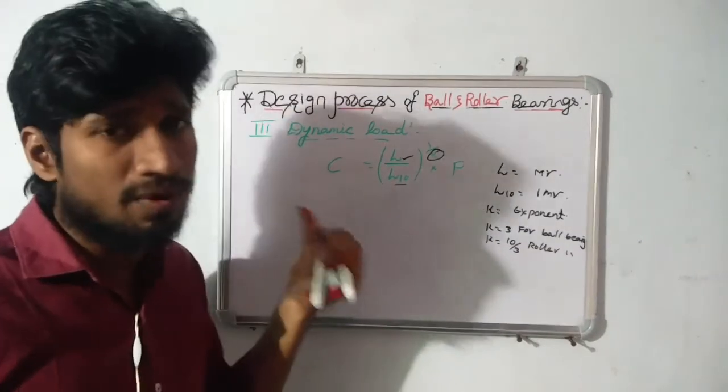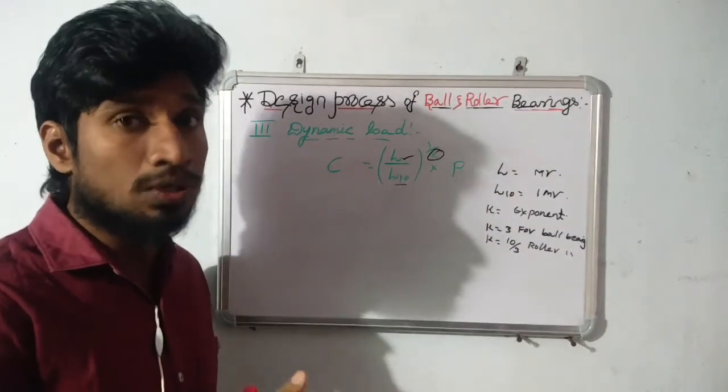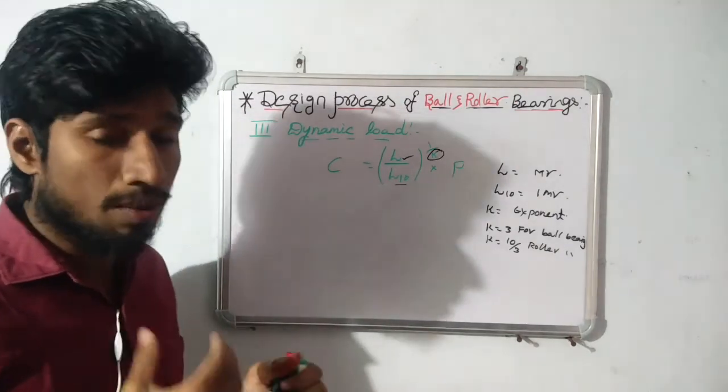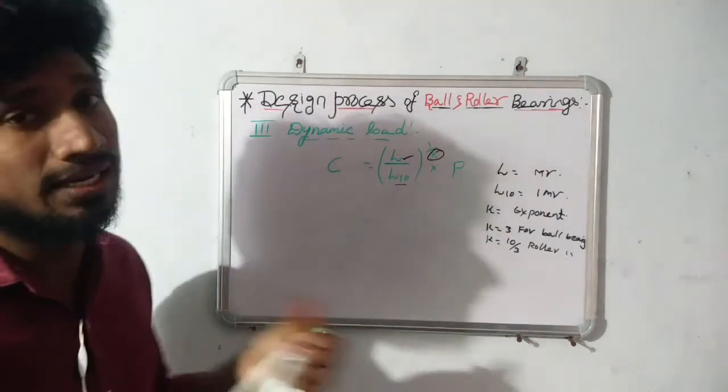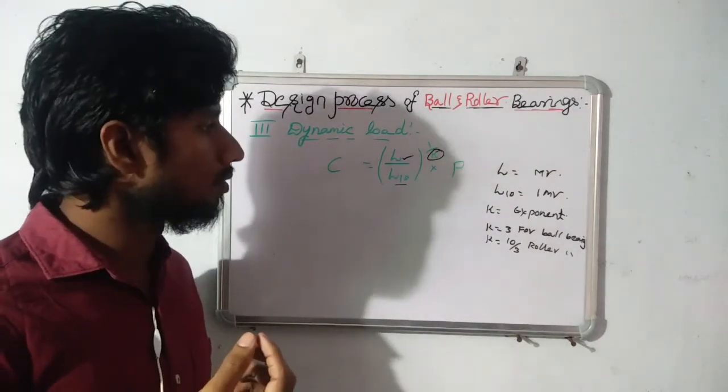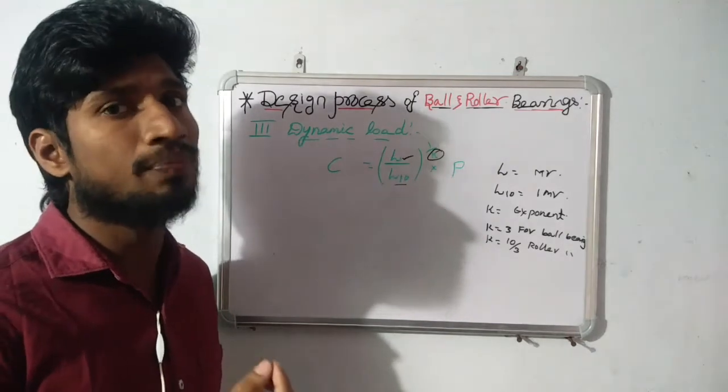Okay. So with the help of this value, we are going to select the suitable bearing based on the given considerations, or maybe based on the given applications. Let's see how we select the suitable bearing for given applications.